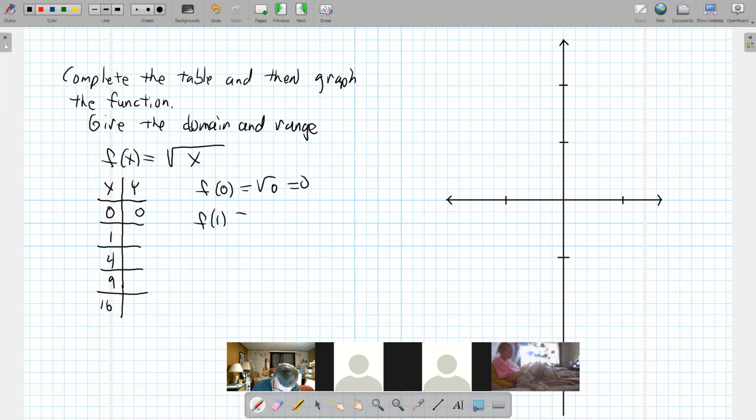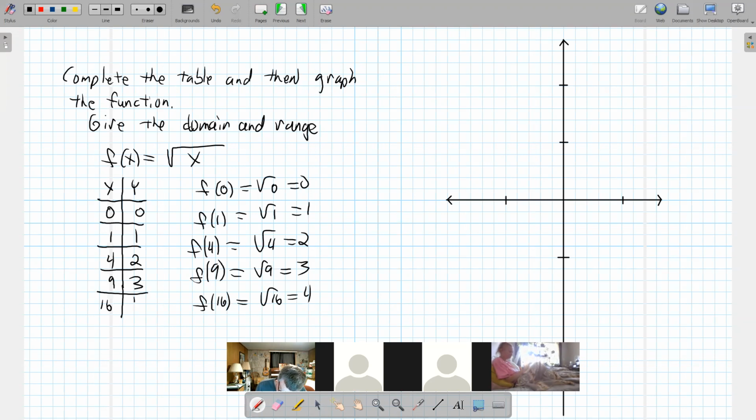F of 1 is the square root of 1, which is 1. F of 4 is the square root of 4, which is 2. Are you following what I'm doing okay? Anybody have any questions about how I'm getting those numbers? Okay. F of 9 is the square root of 9, which is 3. And f of 16 is the square root of 16, which is 4.